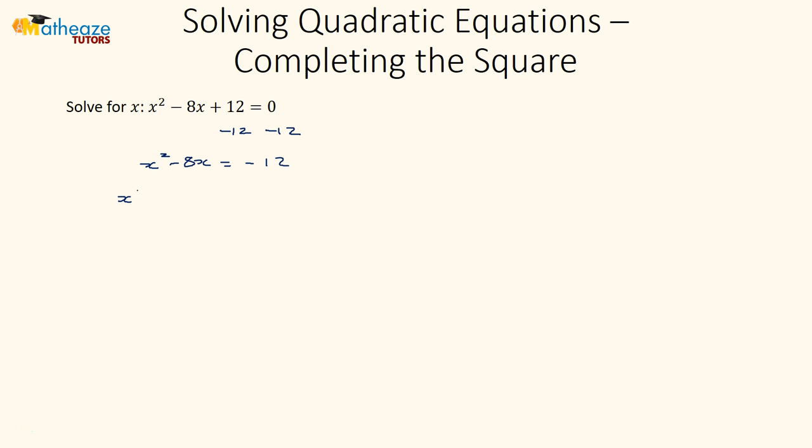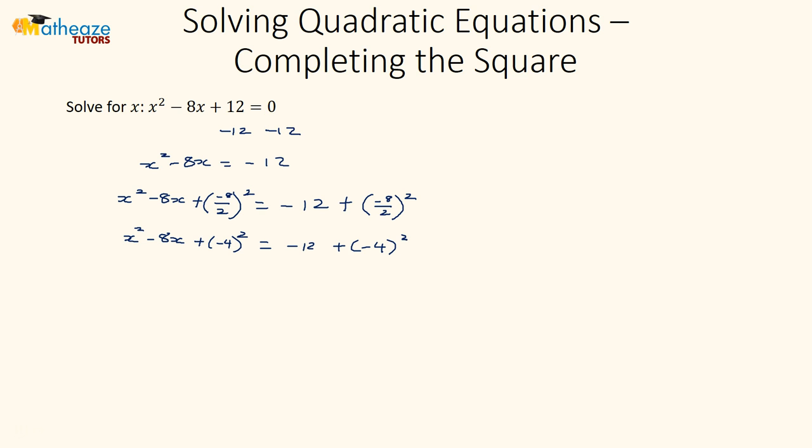So we have x² - 8x + (negative 8 over 2)² equal to negative 12 + (negative 8 over 2)². So now we have x² - 8x + (negative 4)² is equal to negative 12 + (negative 4)².